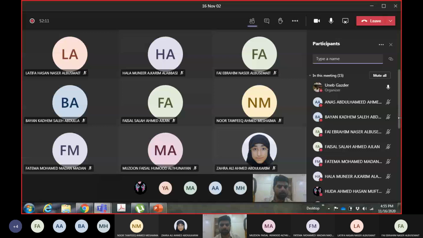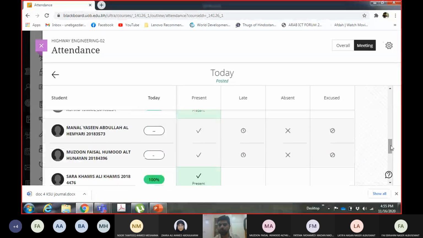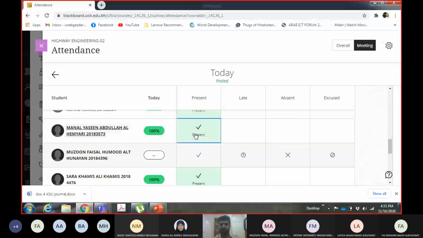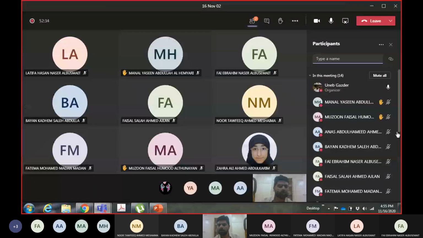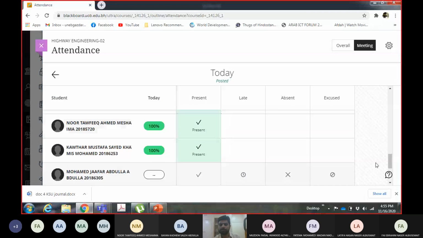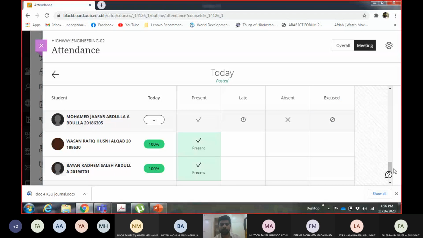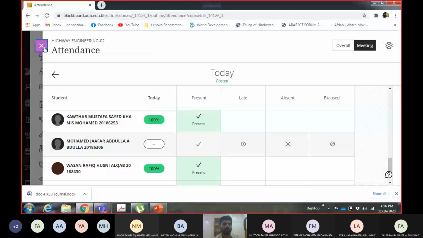Huda Ahmad. Huda is there, right? Fatma is there, Huda is there. Latifa Hassan. Manal Yasin. Muzun Faisal. Manal is here and Muzun is here. Noor Tawfiq. Mohammad Jafar. And Bayan Kadim. Bayan Kadim is here. Anybody missed from this section? We're done from this section. I'm going to section 1 now.